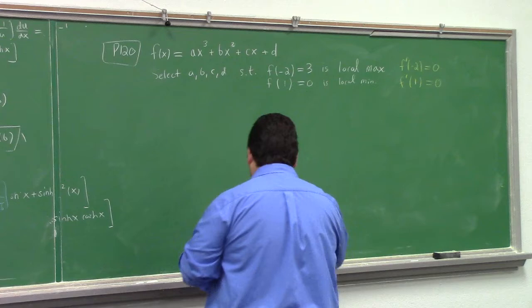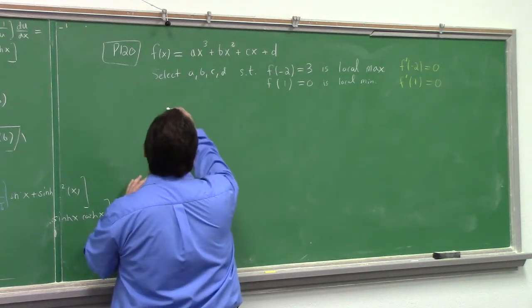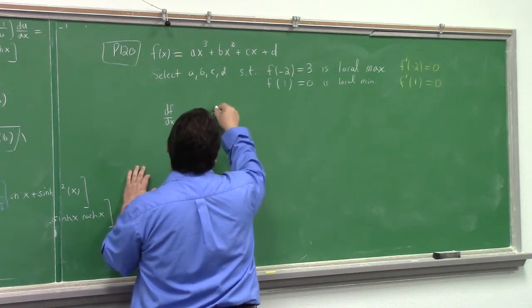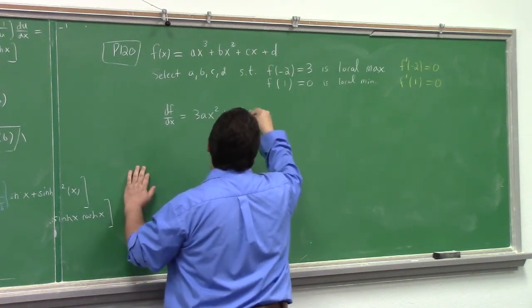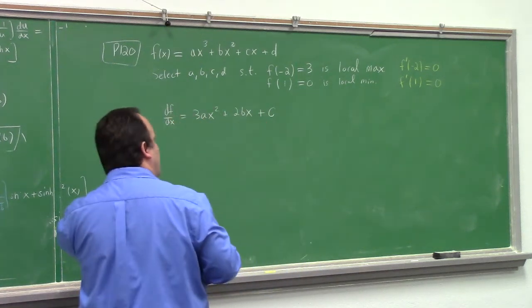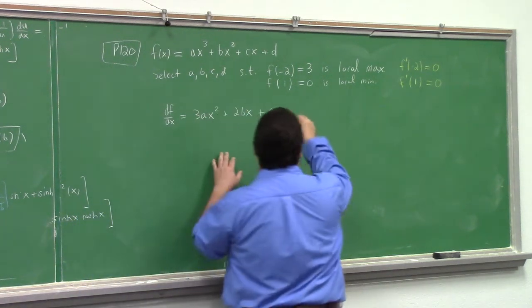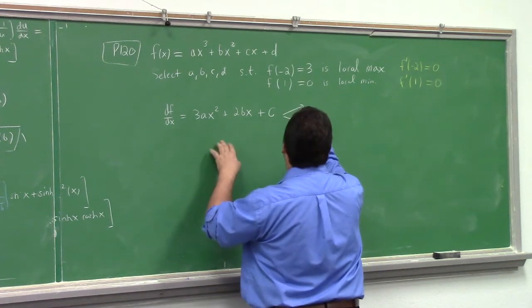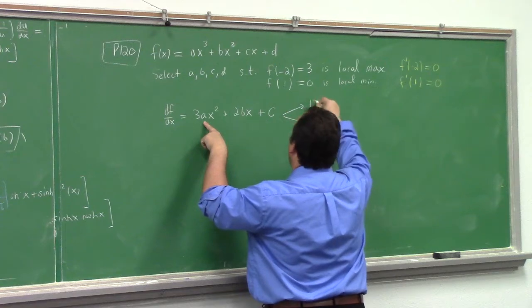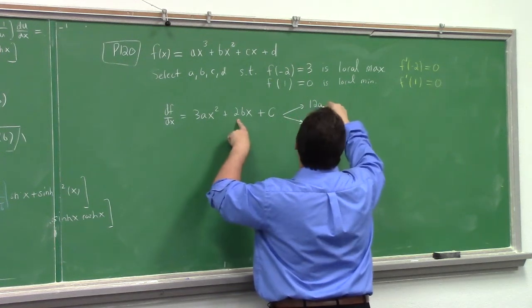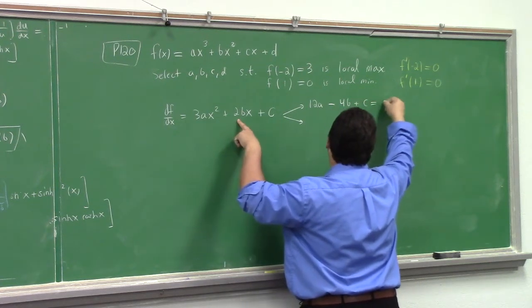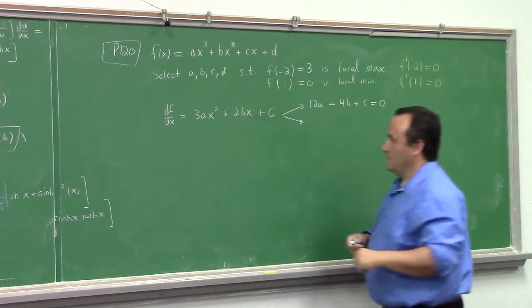All right, so df/dx is what? 3ax squared plus 2bx plus c, right? And all right, so what do I know? I know that 12a minus 4b plus c equals 0 from star.